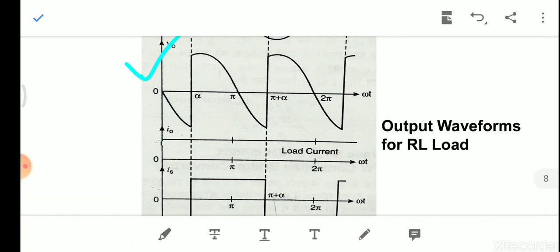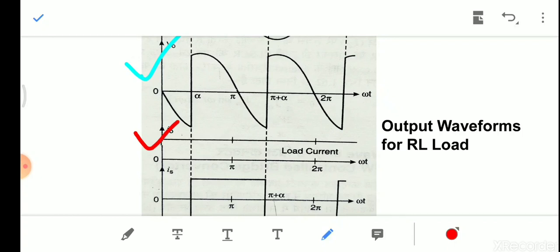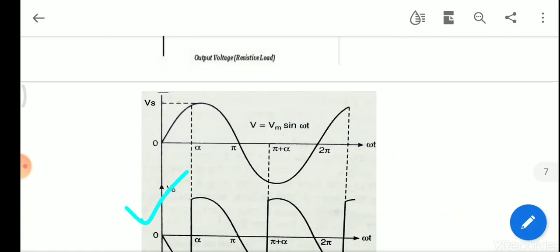This is the load current. Load current is constant. Assume that the load current is constant. Okay, but this is the source current. What is source current? I will tell you.